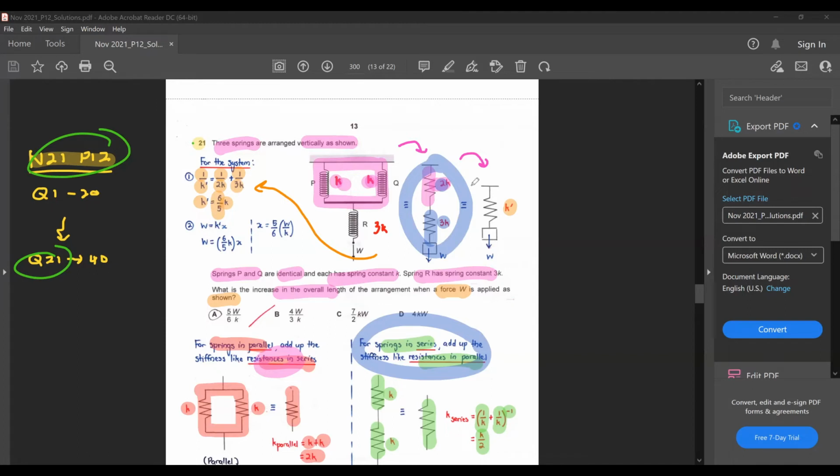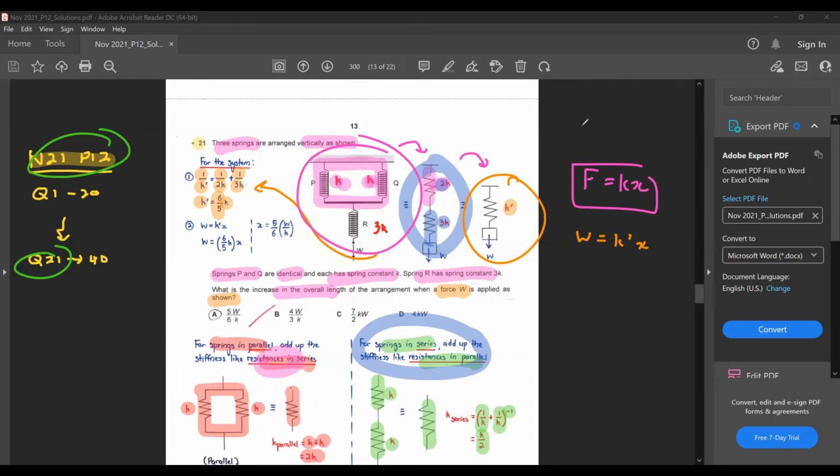So right now, if we look at Hooke's law, F is equal to Kx, right? So we apply something similar. Now we apply Hooke's law onto this situation. In our case, the force acting on the whole system is W. Our spring stiffness is K prime, and X is the extension of our system.